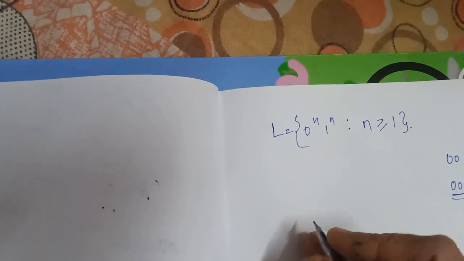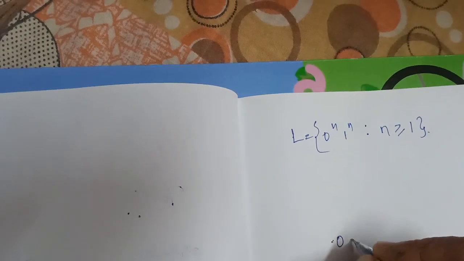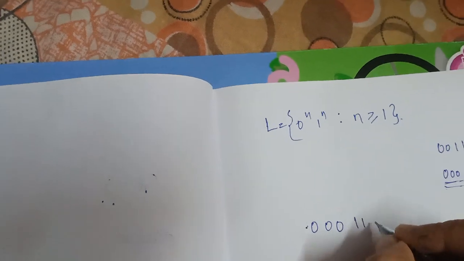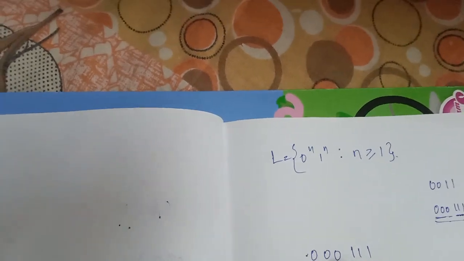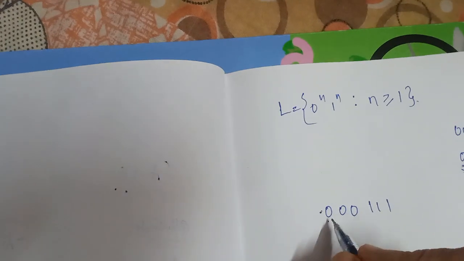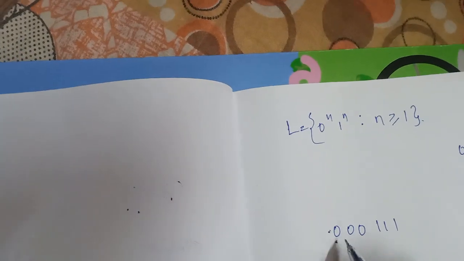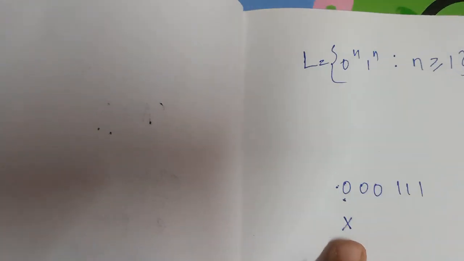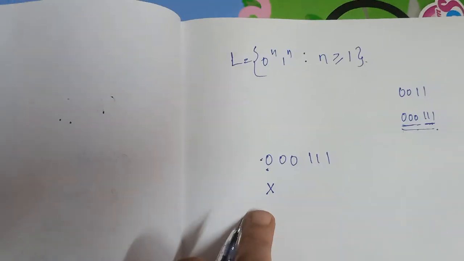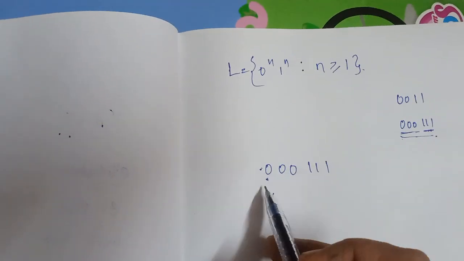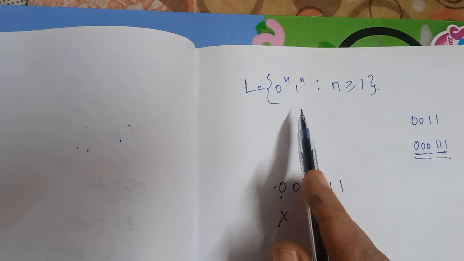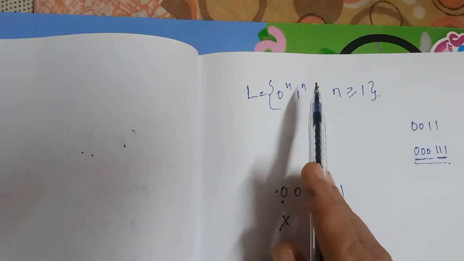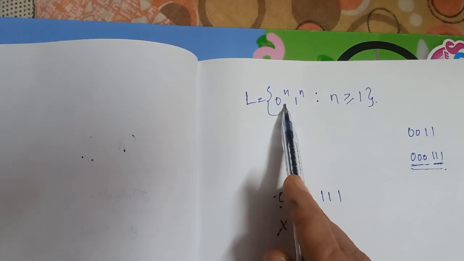In a tape, it starts with the zeros and ones, and I should read and write. When I read 0, it should be replaced with x, saying that I have read the 0 and written it as x. According to our language, if there is one 0, there should be one 1; 2 zeros means 2 ones.